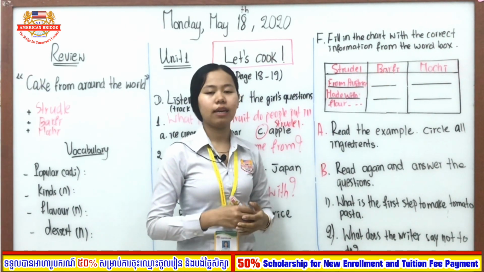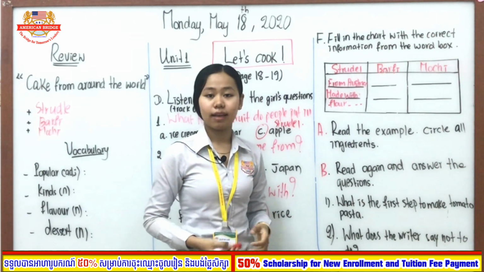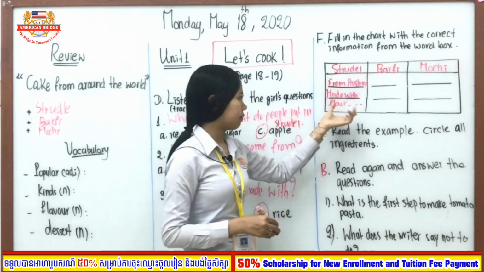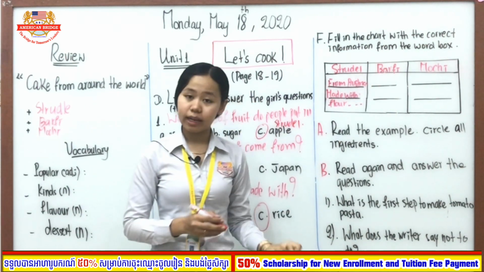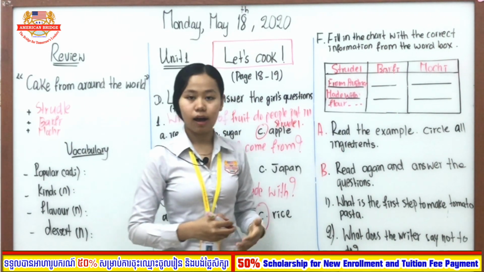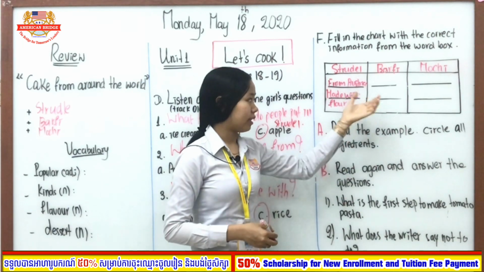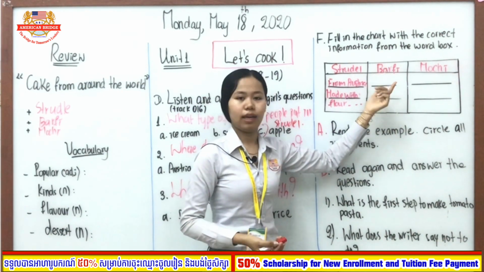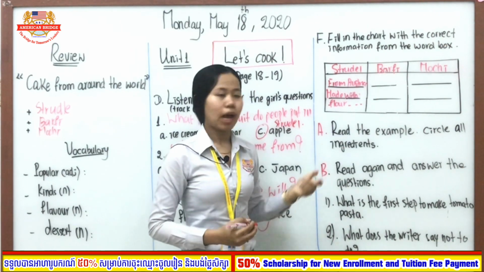So try to read the text again and then grab the information, so that you can look at the words provided in the box and pick the correct information that describes the cake.